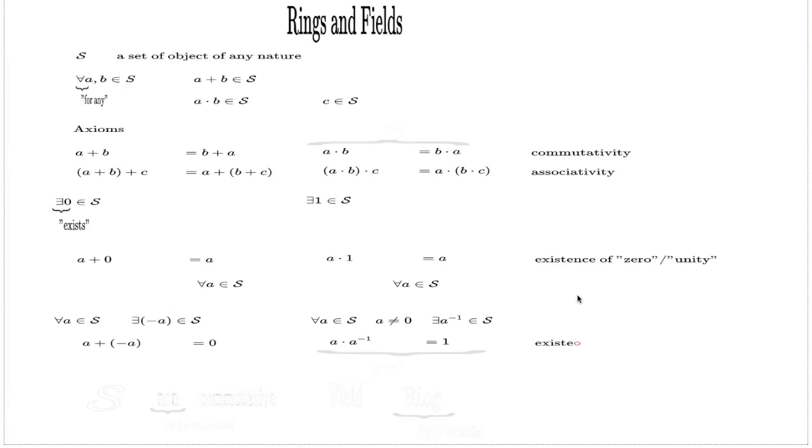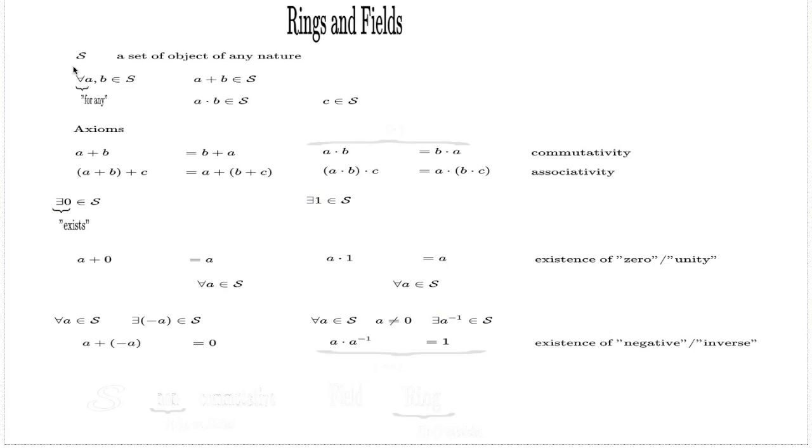This, of course, is called the existence of negative and inverse, or in the higher algebra abstract language, it is called the existence of additive inverse, the inverse with respect to the plus operation, and multiplicative inverse, the inverse with respect to the times operation. Now let me just summarize this for you.